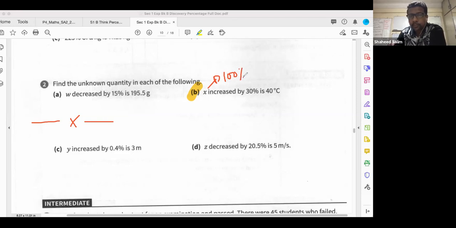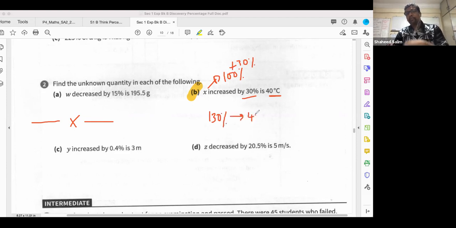So X increased by 30% is 40 degrees. So that means when it increases, it means plus 30, you know. So that means 130% is 40 degrees. What do you want to find? X is 100%. You want to find what's 100%.